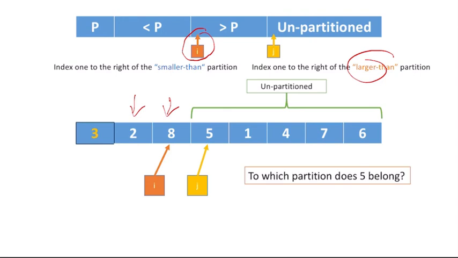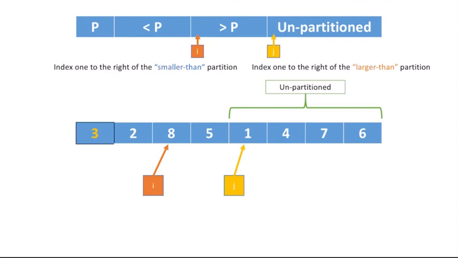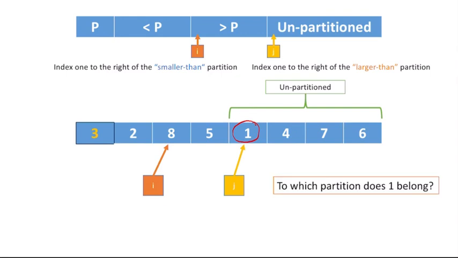Alright, so to which partition does 5 belong? 5 is greater than 3, so it belongs to the greater than partition. How do I put it there? Again, anytime I'm putting something in the larger than partition, all I have to do is increment j. And whenever I'm needing to put something in the less than partition, like 1, I always swap with the value currently at i.